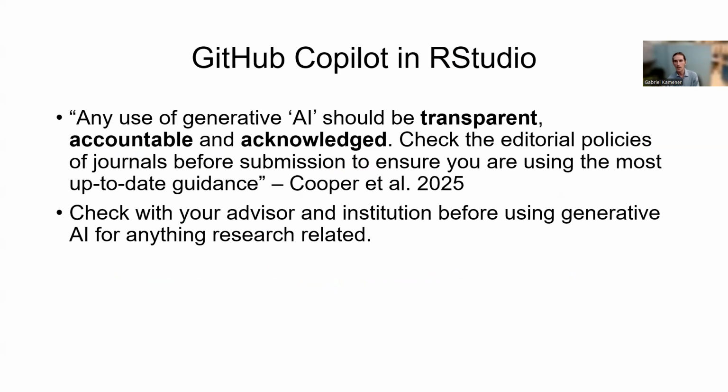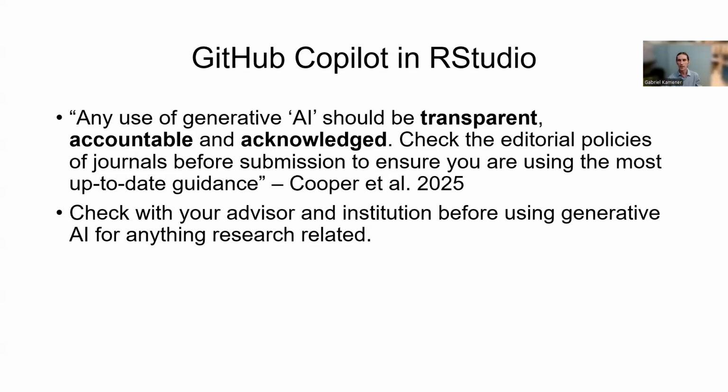And additionally, if you have an RStudio project set up, you can utilize GitHub Copilot. First, I just want to cover, so GitHub Copilot is generative AI to help code.